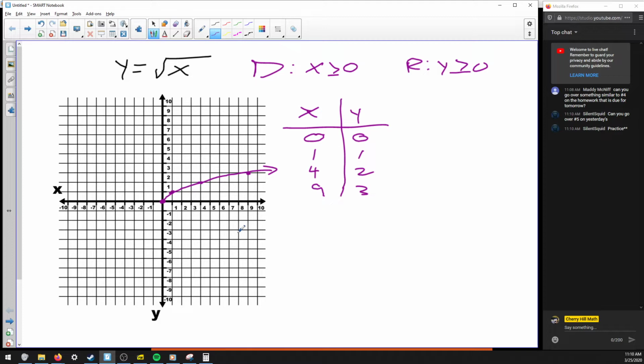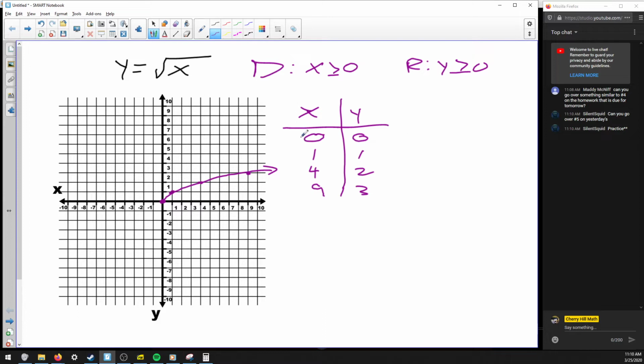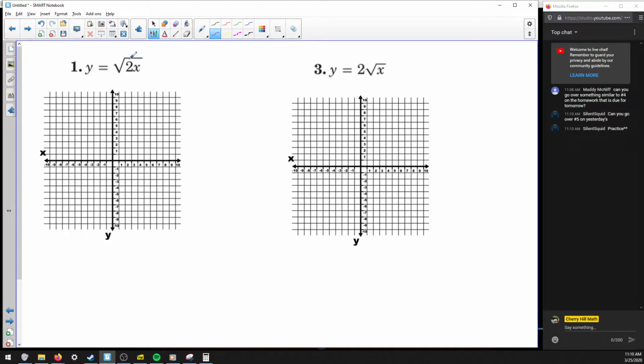So what we kind of said was when we get to problems that look like this, our goal is to plug in numbers, right? When we create our table of values, we have to think about the values we want to plug in, but we're going to try to plug in numbers so that we will get these numbers under the radical. So I'm not going to plug in a 4 right here, because that would give me the square root of 8, and I don't like the square root of 8.